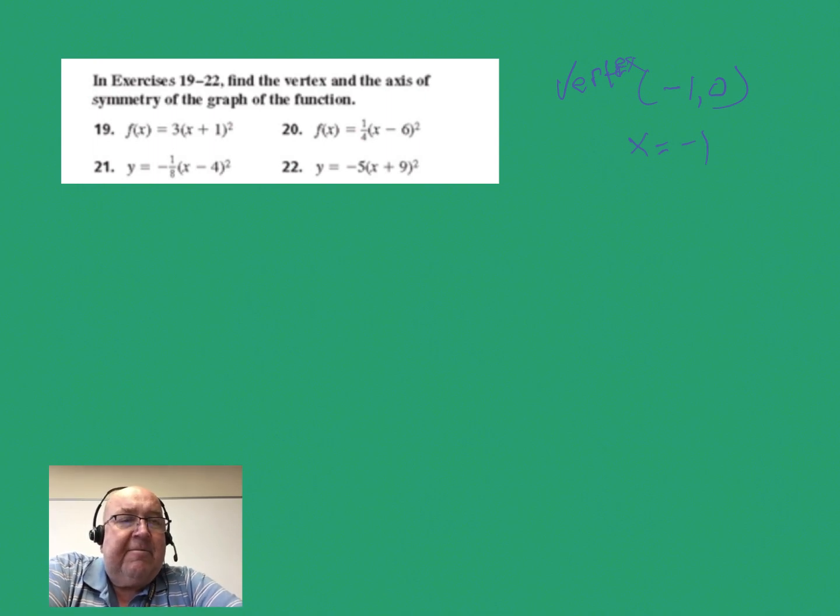Number 20, our vertex is going to be 6 and 0. Our axis of symmetry is going to be x equals 6. Number 21, our vertex is going to be 4 and 0.